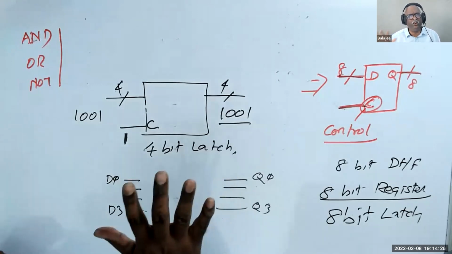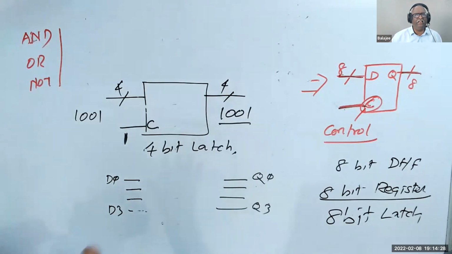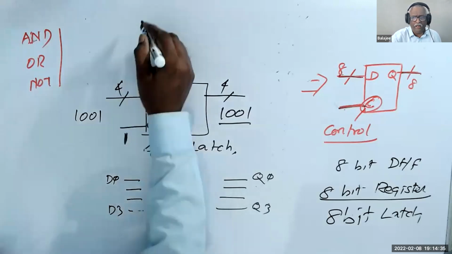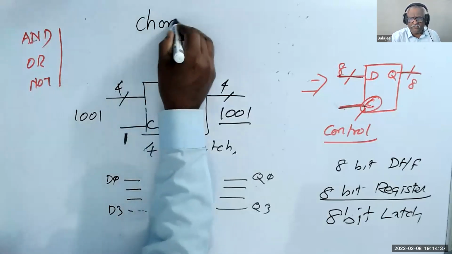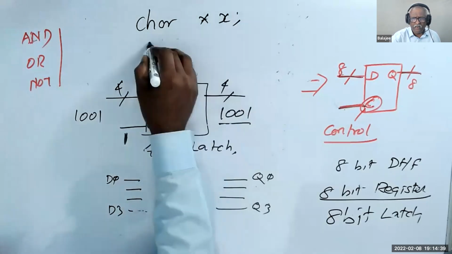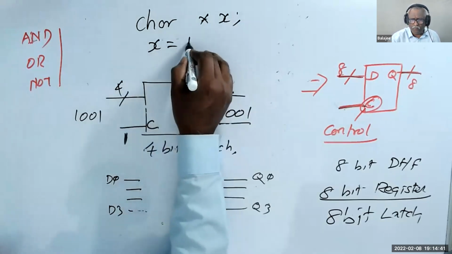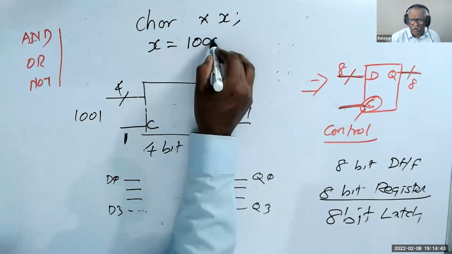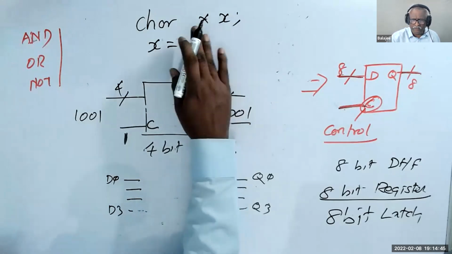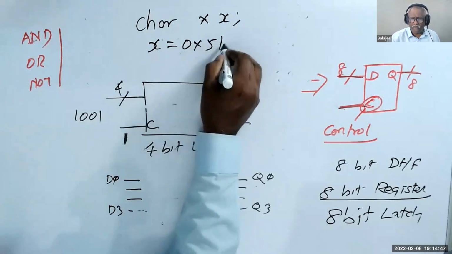Please, I'm requesting you to thoroughly understand that this is the one which is going to be controlled by you using software. When you write a program, char *X; *X is equal to, let's say, 0x51.